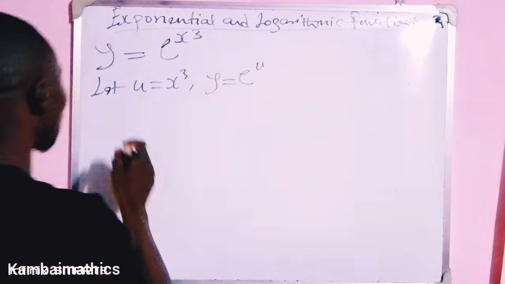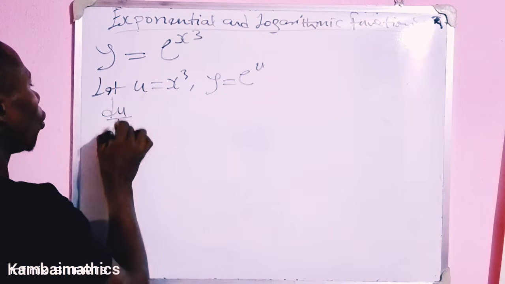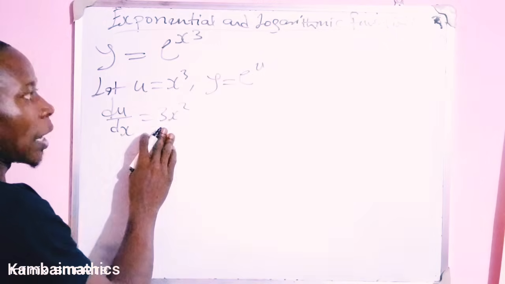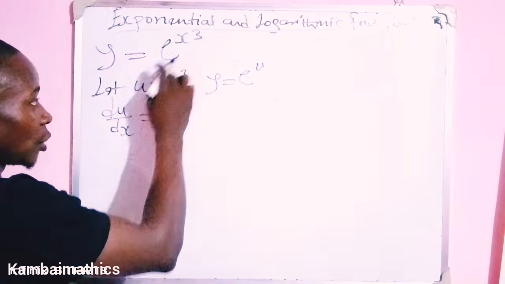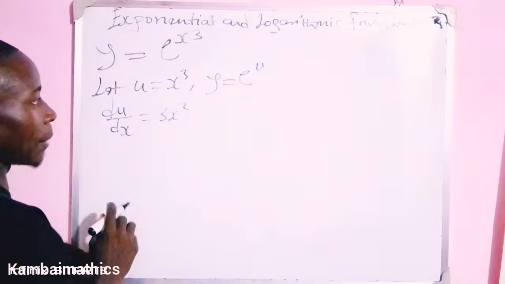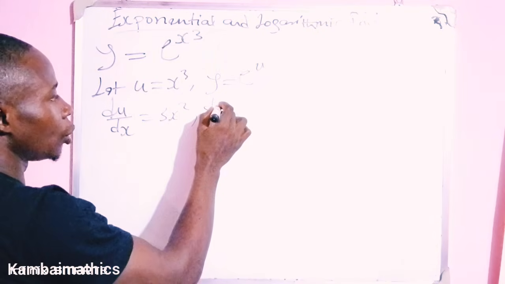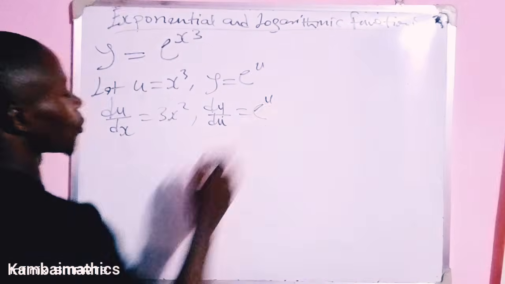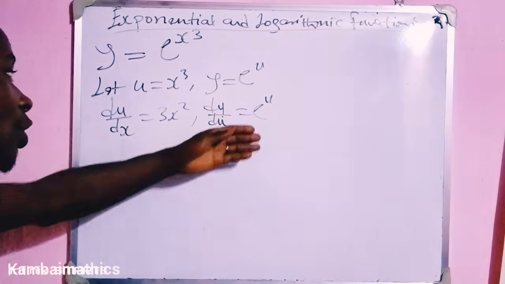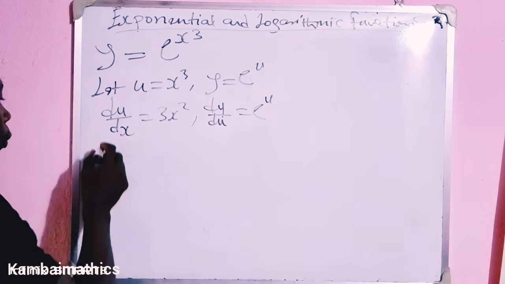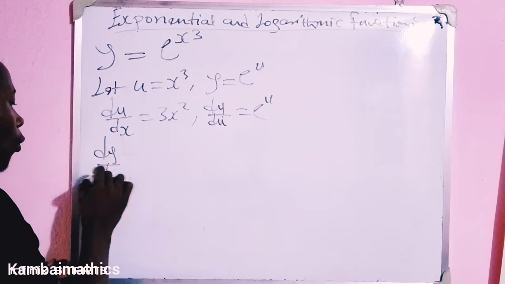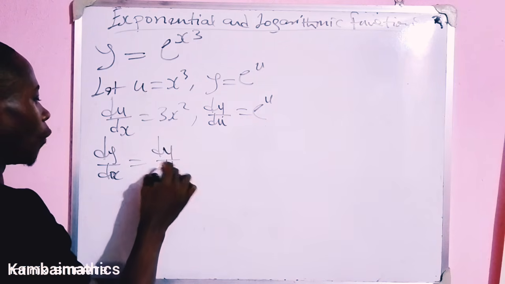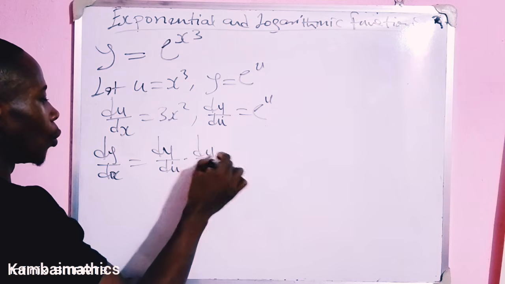So du over dx is 3x squared. I've explained how we usually get that: bring the power down and reduce it by 1. Then dy over du is e^u. So we bring our formula dy over dx equals dy over du times du over dx.